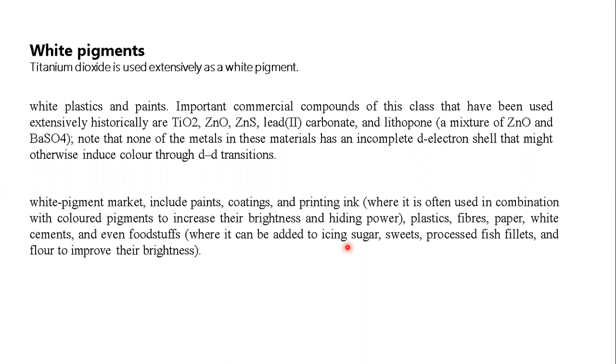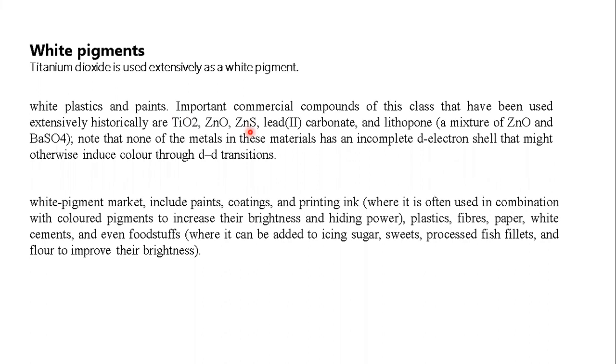So these are all white: zinc compounds, zinc oxide, zinc sulfide. In the case of titanium, TiO2, titanium is in the +4 state, so it has zero d electrons. Therefore there is no d-d transition. For zinc, it is the opposite.